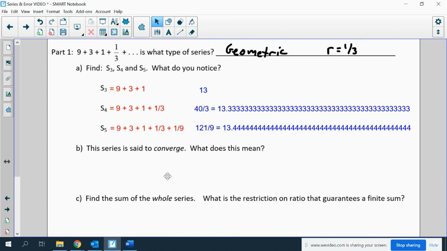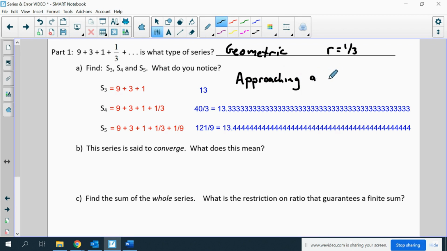And so what we may notice about this in part A is that they all appear to be approaching a value. It appears like it's getting pretty close to 13.5.